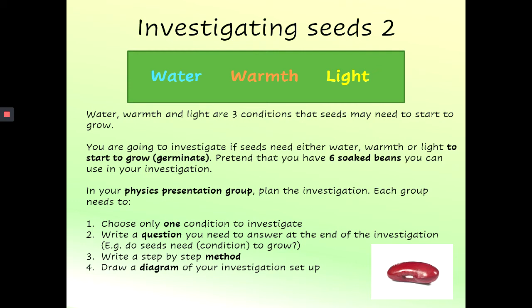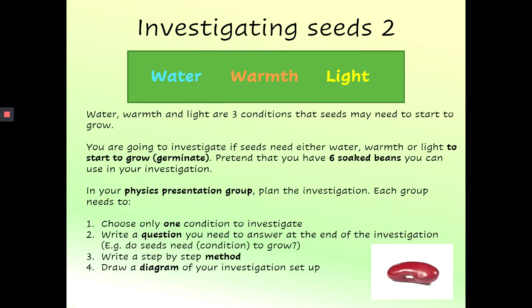Water, warmth, and light are the three conditions that seeds might need to start to grow or to germinate. So in this investigation, you're going to find out if seeds need either water, warmth, or light to start to grow. And pretend that you have 6 soaked beans that you can use in your investigation.